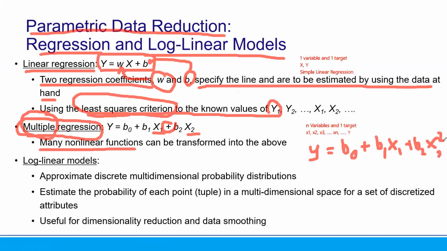So there's a quadratic, or there can be another function like b3 with cubic. The cubic means we will have the power of 3 and so on. So it is non-linear.